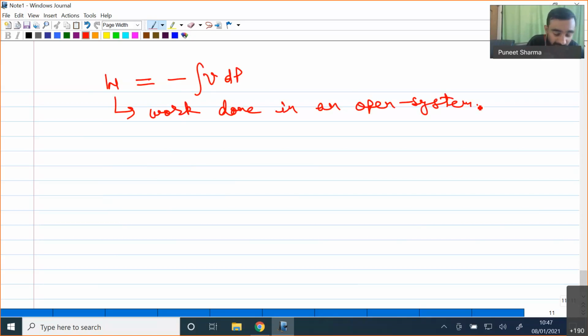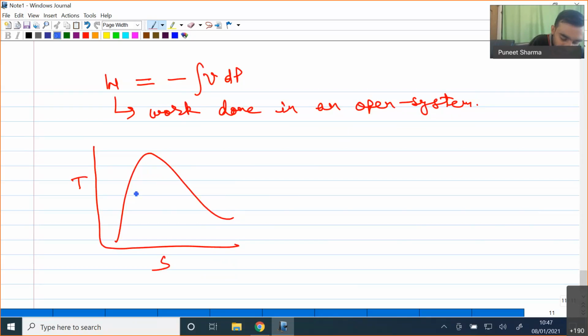Let me give you an example: what will happen if I take the process of a pump? We have seen in our temperature-entropy diagram that 4 to 1 is the process happening inside the pump.